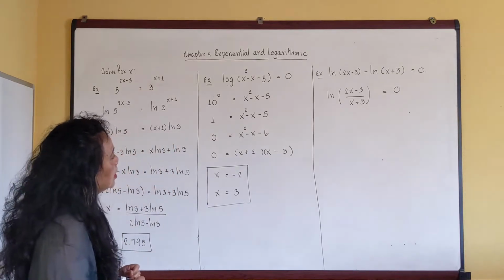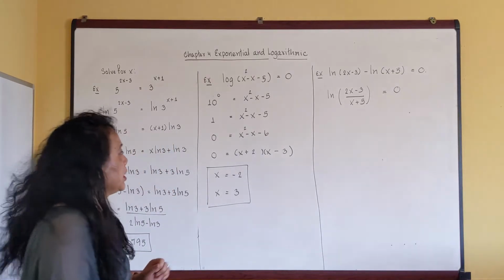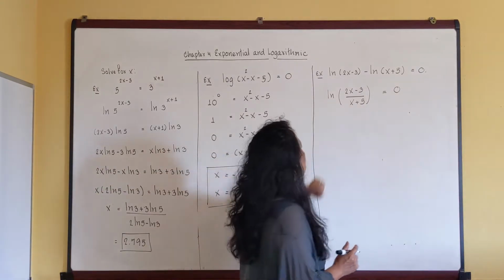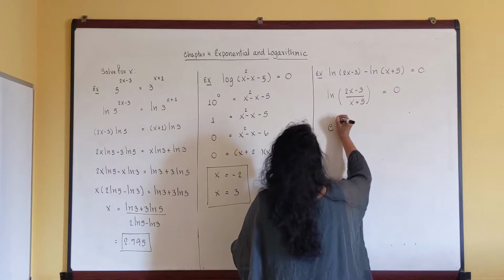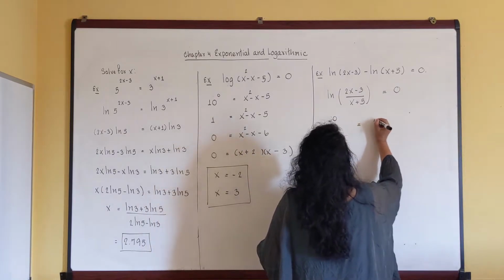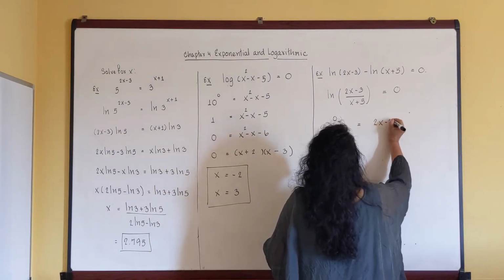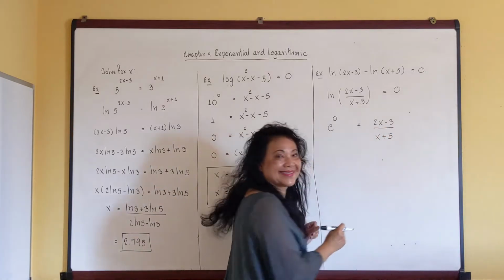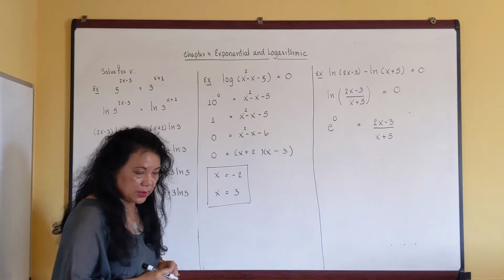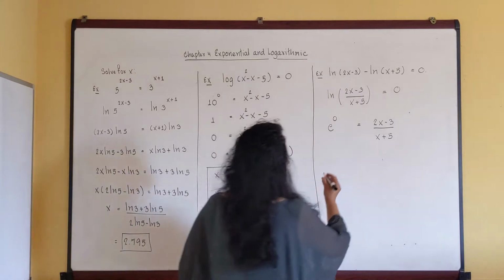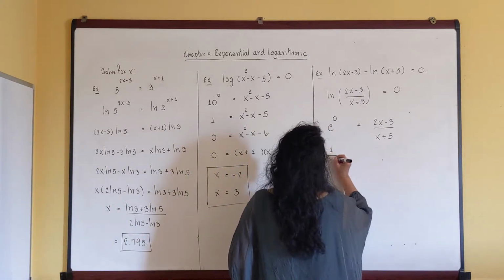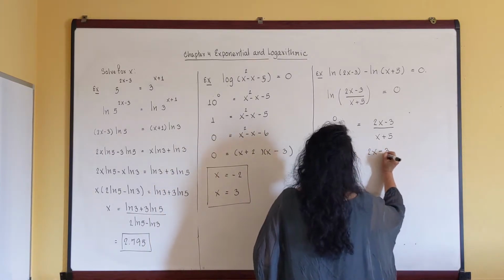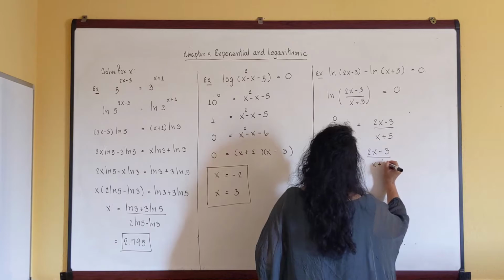Now I'm going to write it as an exponential. ln is log base e. So basically you're going to have e to the 0 equal to (2x minus 3) over (x plus 5). e to the 0 is just 1, or 1 over 1, is equal to (2x minus 3) over (x plus 5).